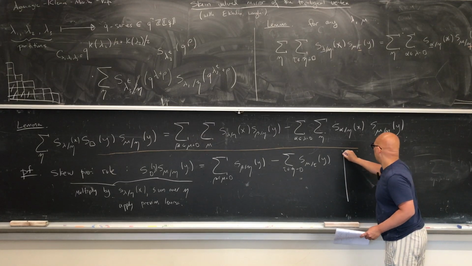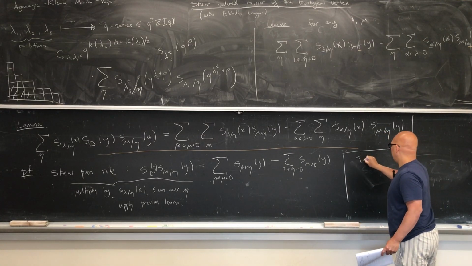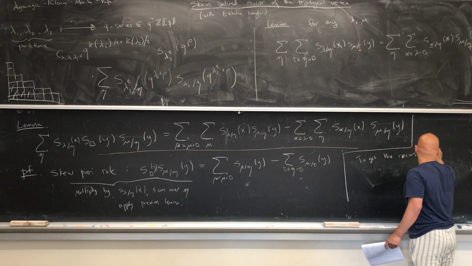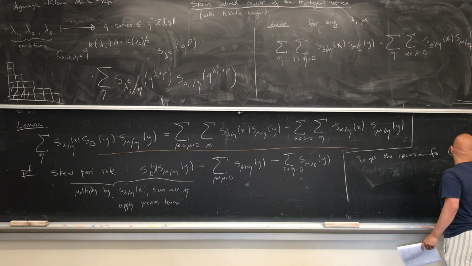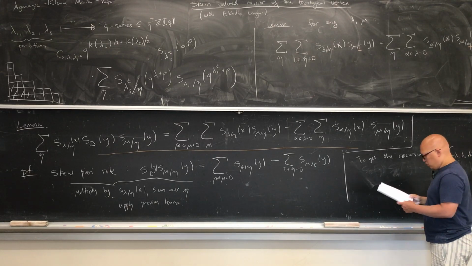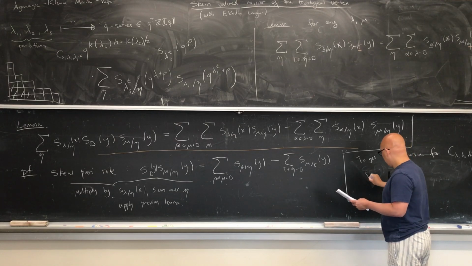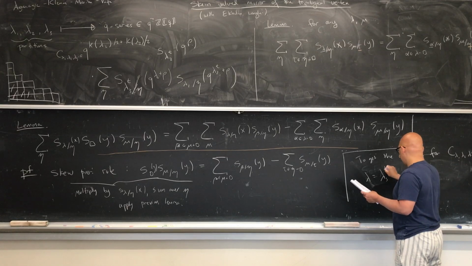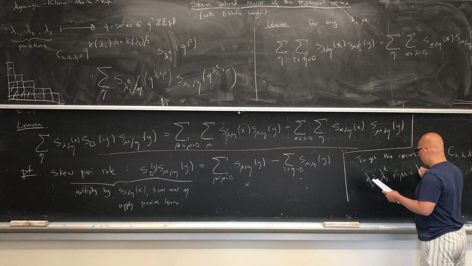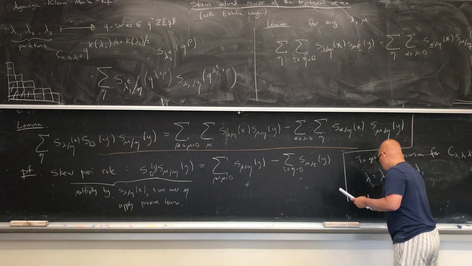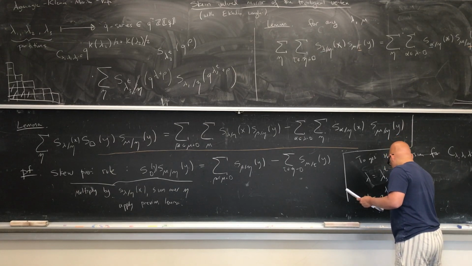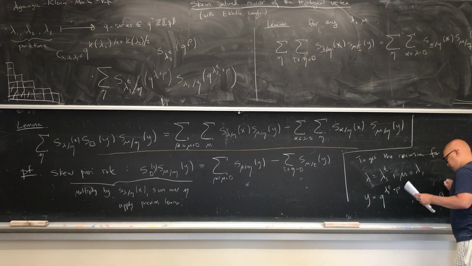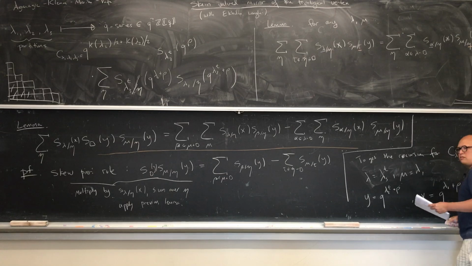And then to get the recursion for the C lambda 1, lambda 2, lambda 3, you take lambda in this formula. You take lambda equals lambda 3 transpose, mu equals lambda 1, y equals q to the lambda 2 transpose plus rho, and x equals q to the lambda 2 plus rho.